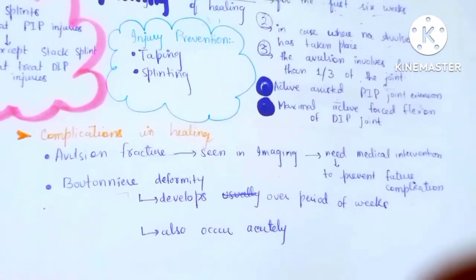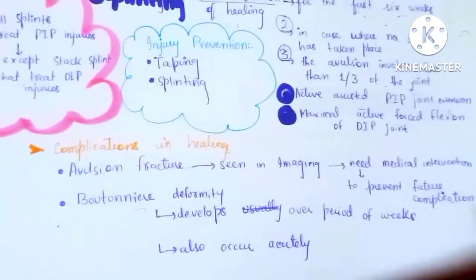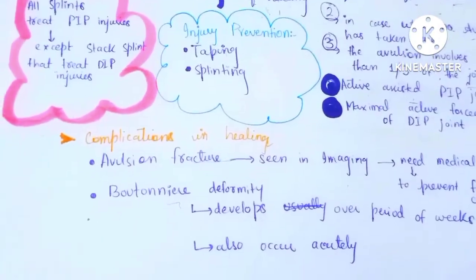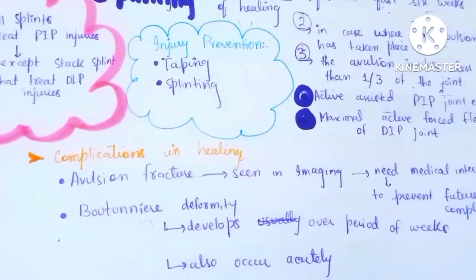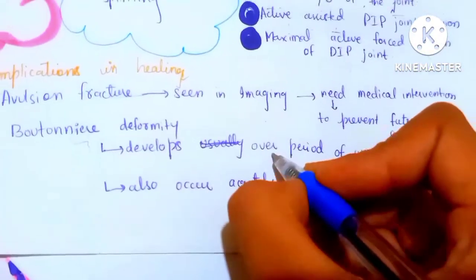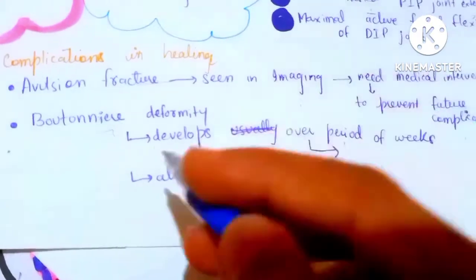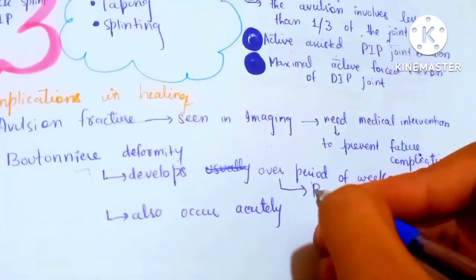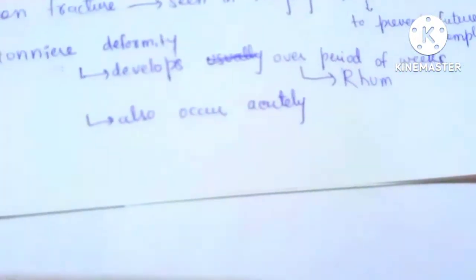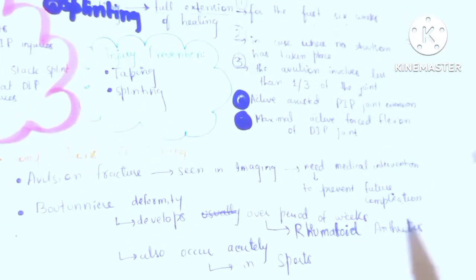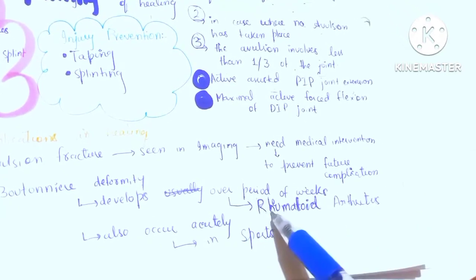Boutonniere deformity develops over a period of weeks and can also occur acutely. So in a simple form, Boutonniere deformity can develop over weeks or months, and it occurs during progressive inflammation in rheumatoid arthritis.